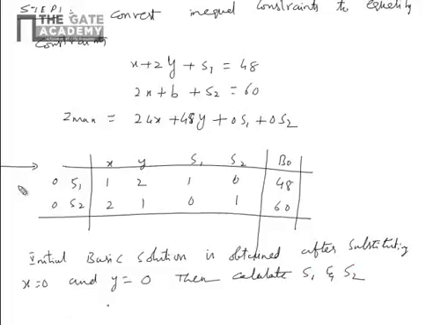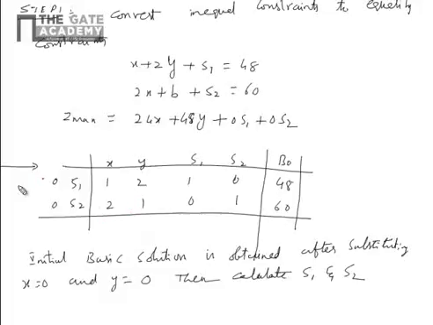So what we have done is keep x equal to 0, y equal to 0. We got s1 and s2 as the initial basic solutions: s1 equal to 48, s2 equal to 60, but that is not our required solution. So start improving the solution.